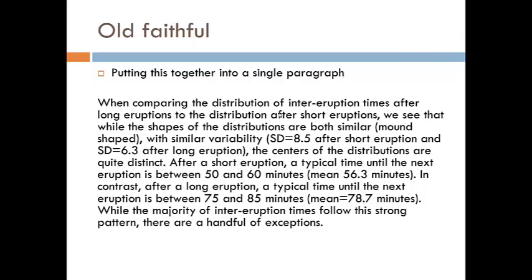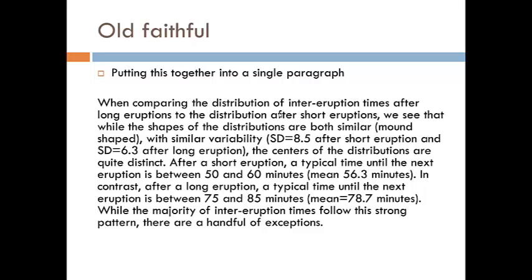If we ask you to write a paragraph comparing these two distributions, here's an example. When comparing the distribution of inter-eruption times after long eruptions to the distribution after short eruptions, we see that while the shapes of the distributions are similar, they're both mound-shaped, and they have similar variability, the standard deviation is 8.5 and 6.3 comparing the two groups, the centers of the distributions are quite distinct.